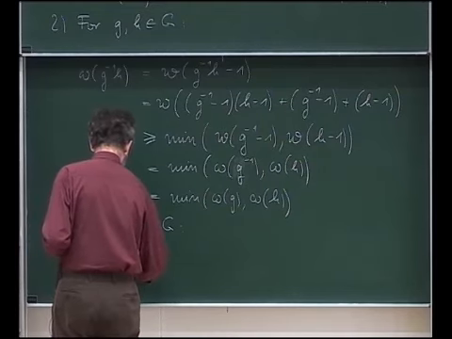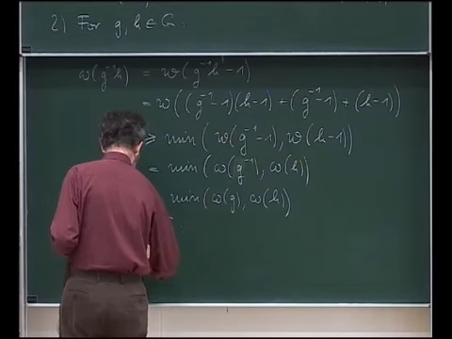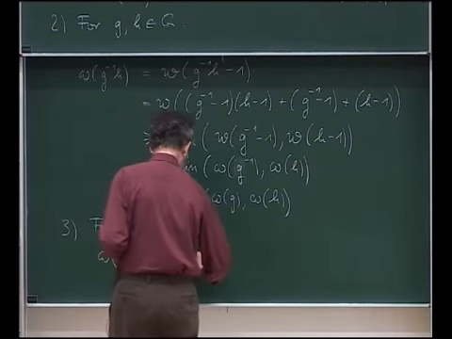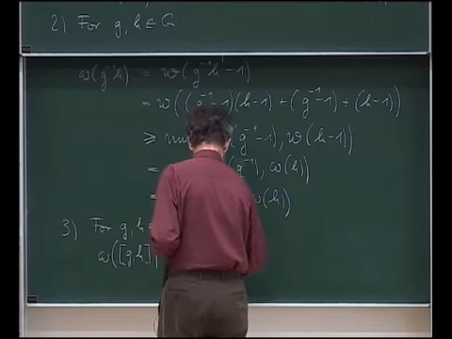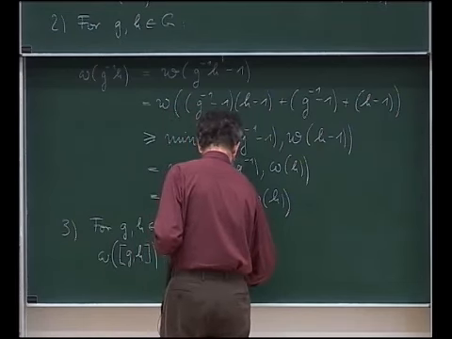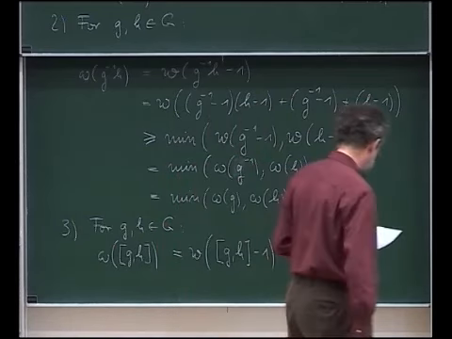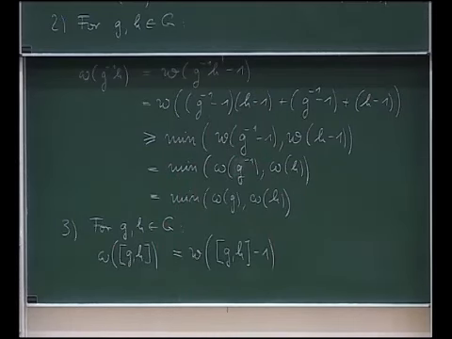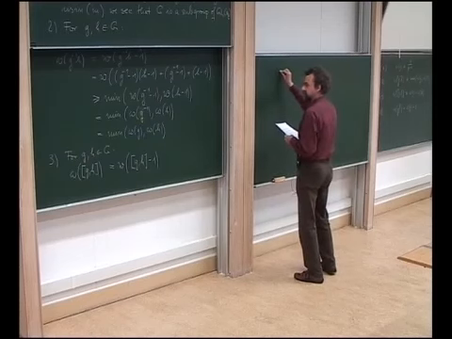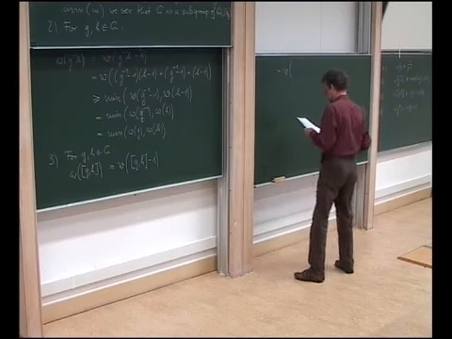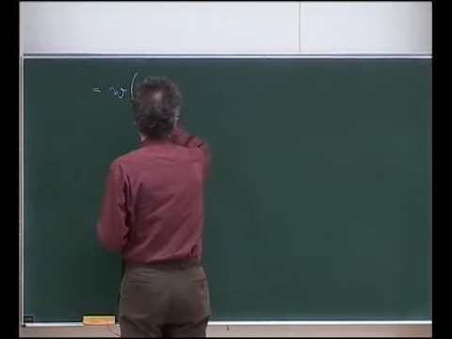Then for the commutator, again for two elements g, h in G, omega of the commutator is W of commutator minus 1.